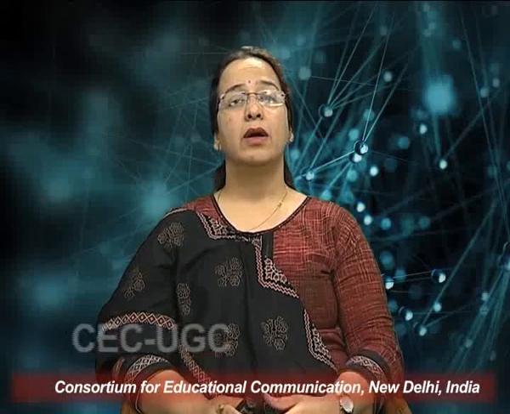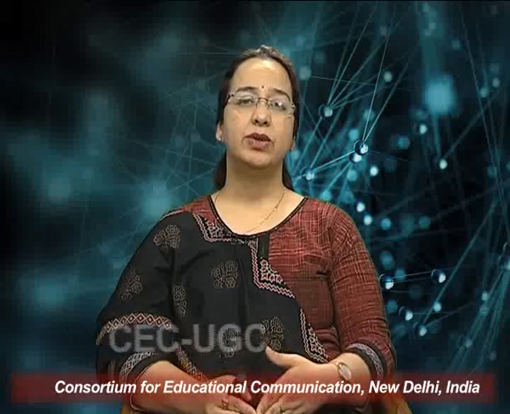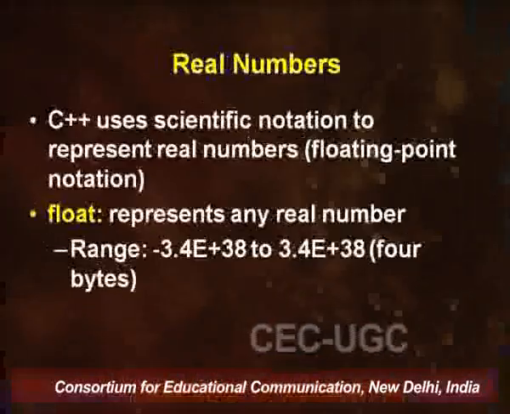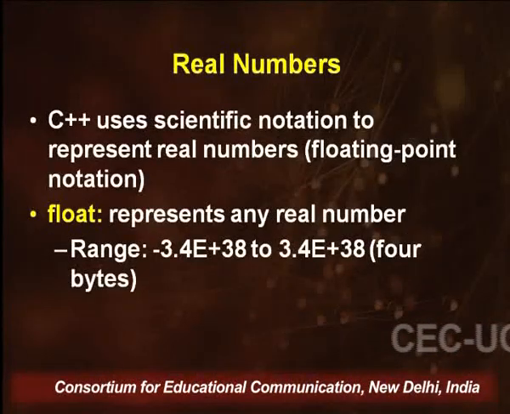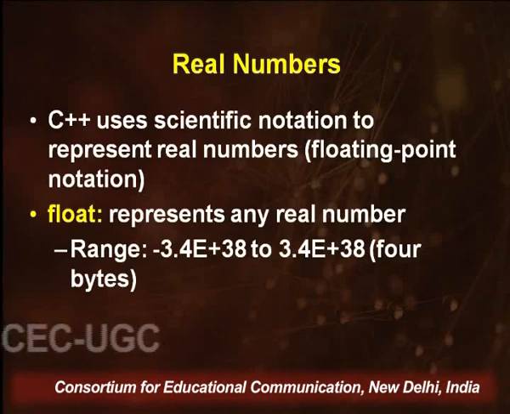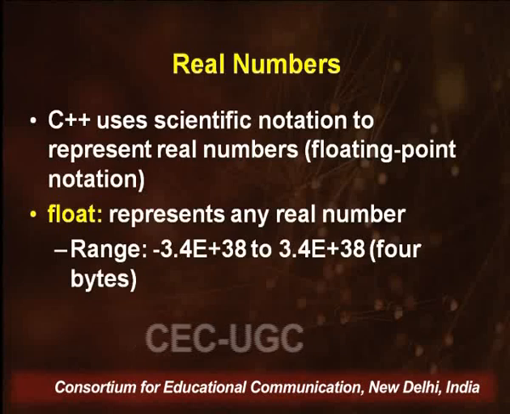Then we have real numbers, basically those numbers which have a decimal point, decimal values within them. C++ uses scientific notation to represent these real numbers, or we can also say that C++ uses floating point notation to represent any real number.